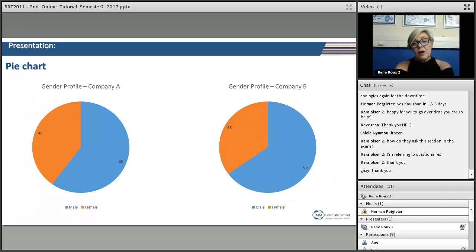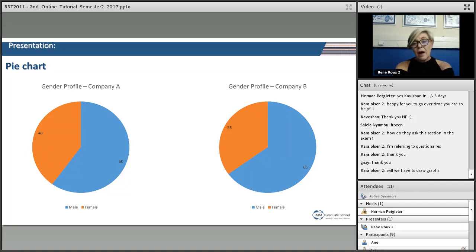Pie chart, remember when you use a pie chart, your percentages must always add up to 100%. So I use a pie chart to show the male and female profile for company A compared to company B. I cannot combine it because then my percentages will add up to 200.